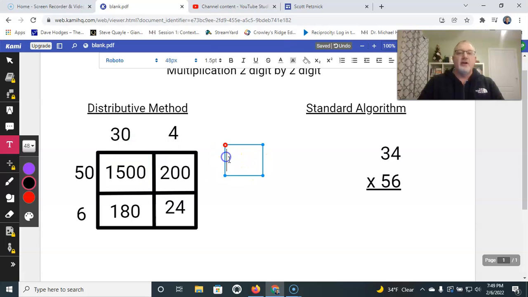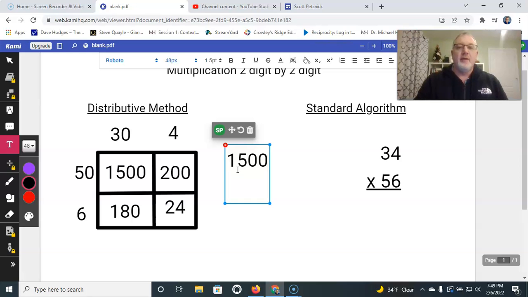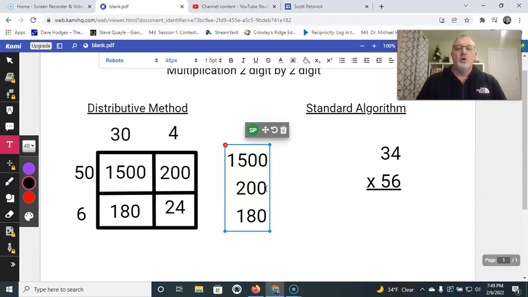Now we got to come over here and we add them up. And again, I always like the kids to make sure that they are putting them in order from largest to smallest. I have found that they make fewer errors when they do that. When you let them just kind of mix them up, they kind of get the wrong one.